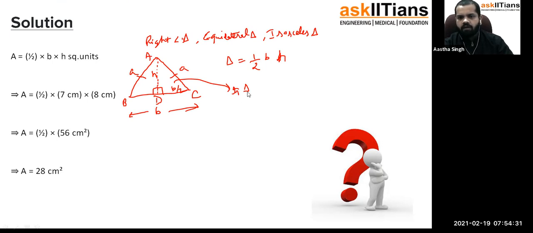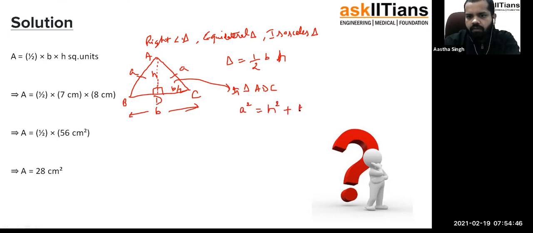So in triangle ADC, A square, the hypotenuse square, is equal to your perpendicular square, h square, plus b by 2 whole square, right? So your h square will be equal to A square minus b square divided by 4.